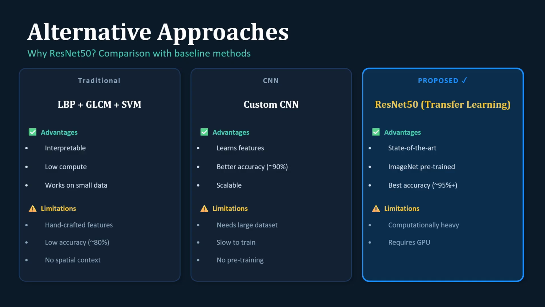And the third one, which is the one I will be following in the project, is ResNet 50 with transfer learning. It uses knowledge it already learned from millions of images, which is why it will work with even a smaller dataset. It gives the highest accuracy among all three options, which is why I have selected it.